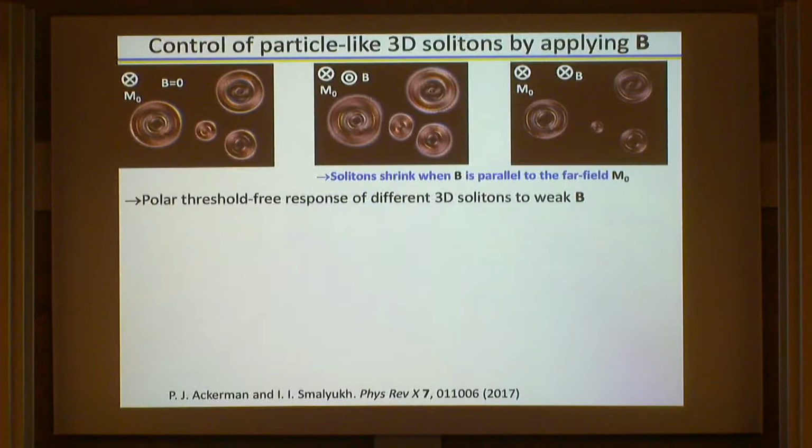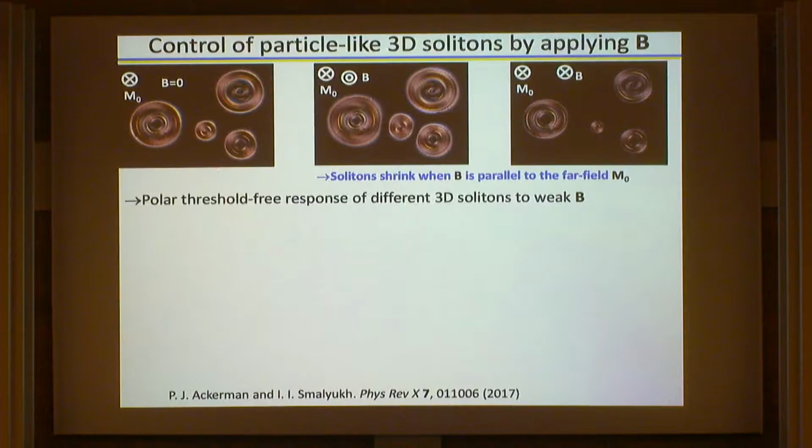And so now, as we realize different types of topological solitons in these liquid crystal ferromagnets, and you apply external fields, either parallel or anti-parallel to the far-field background magnetization, then they shrink or expand as you would expect, because in here we have a linear coupling between the magnetization and the external magnetic field, B field.